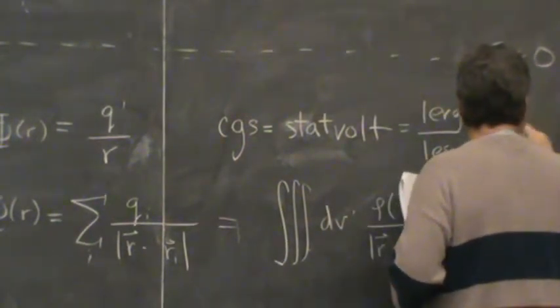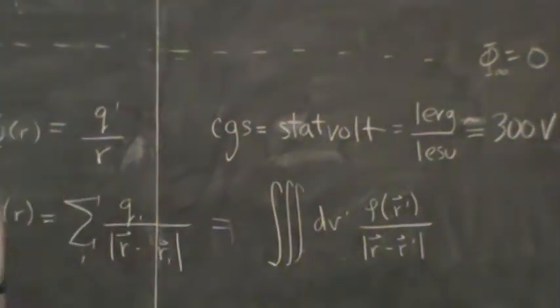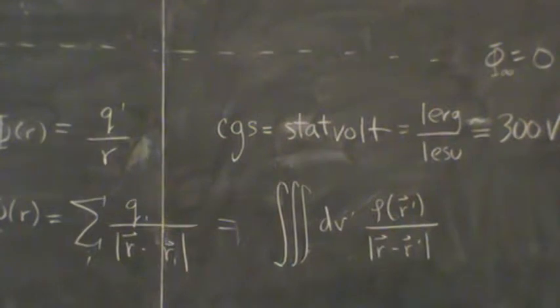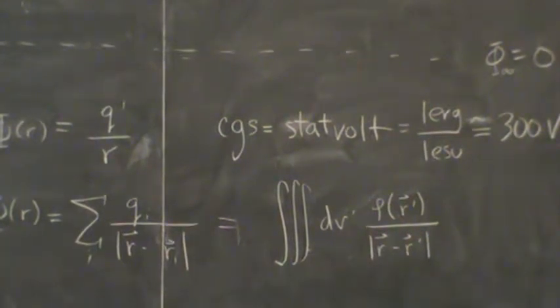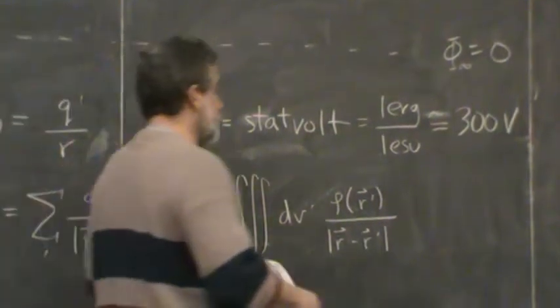Yes. 300 volts. It's actually 299.8, whatever the speed of light is, 299.792458. Whatever. And of course you have that memorized. Okay. Let me do one example.